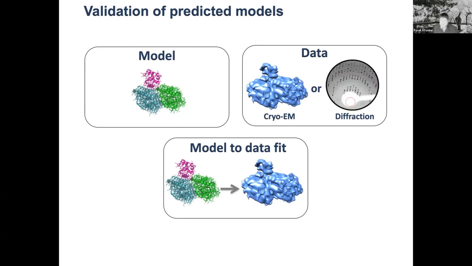Basically, validation is all about making sure that the model, the data, be that cryo-EM or diffraction data, and the model-to-data fit all make sense in all different kinds of senses: physical, chemical, and so on. So that's what validation is.